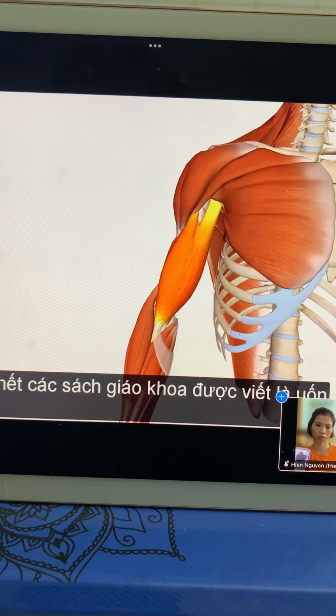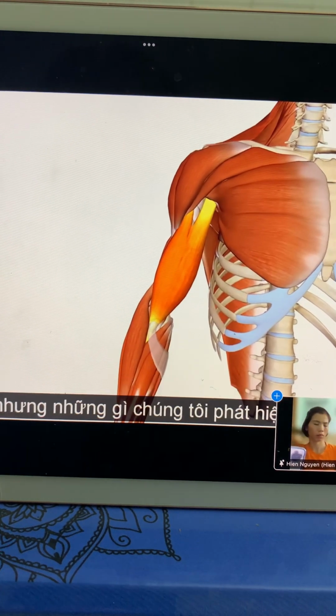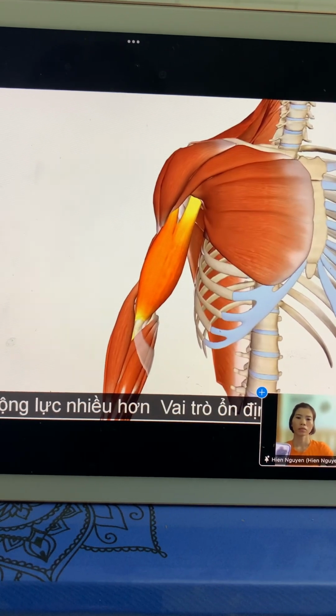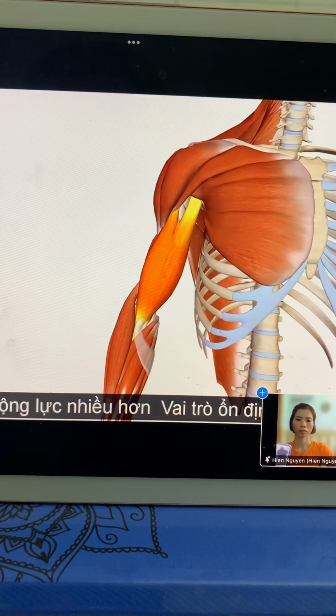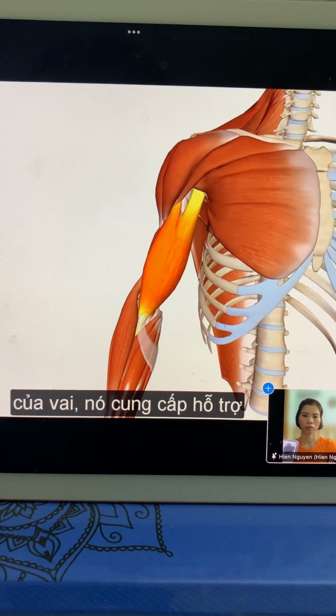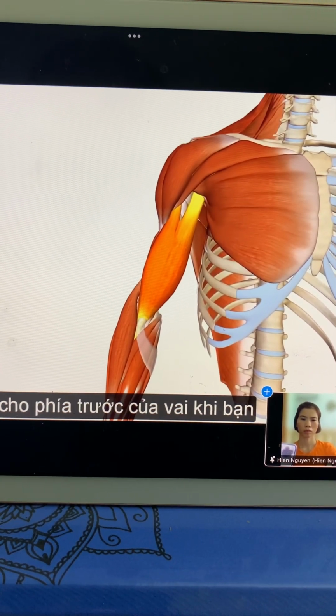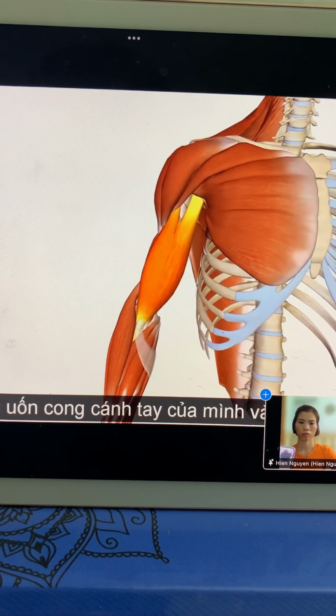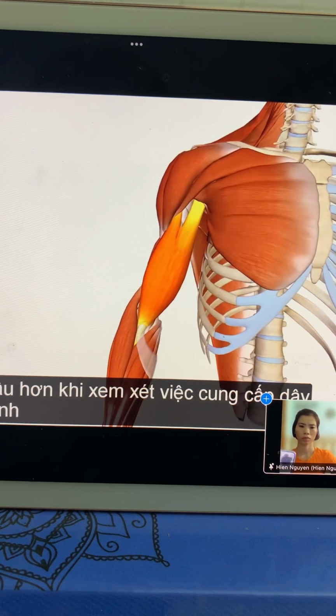And in most textbooks, that's written as flexion of the shoulder. But what we found is that actually what the biceps is doing is more of a dynamic stability role. So rather than actually producing flexion of the shoulder, it's providing support to the front of the shoulder as you start to flex your arm, and that's stated to be sort of within the first 30 degrees or so.